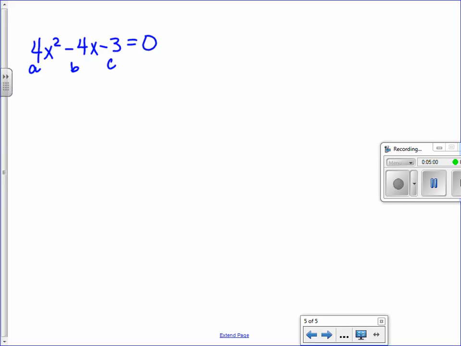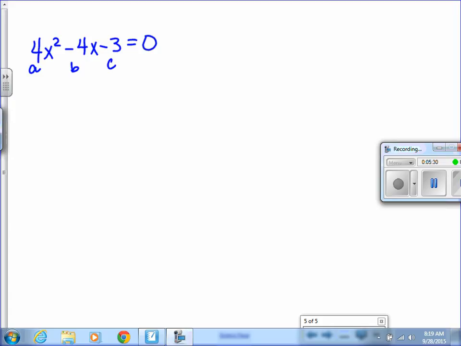Negative 3. I'm going to warn you against something else too. If you use your calculator and you're finding that discriminant, if you do not put negative 4 squared in parentheses, you will get the wrong answer. When you do b squared minus 4ac, that has to be in parentheses. Okay, go ahead, finish it out.